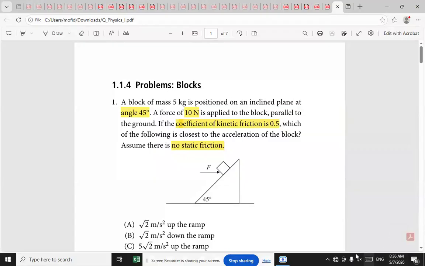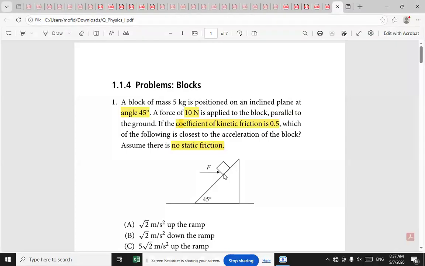For example, if here we are applying 10 newtons from the left side, then to keep this in place we have to apply 10 newtons from the right side. So we must know about Newton's third law: every action has a reaction, the same but at the opposite side. It's very important.